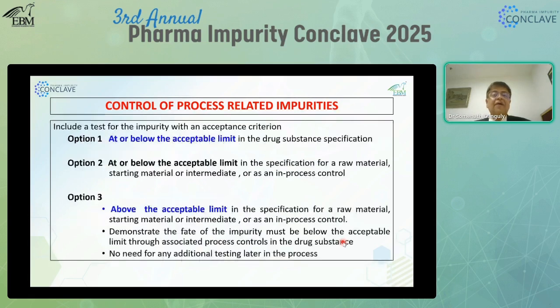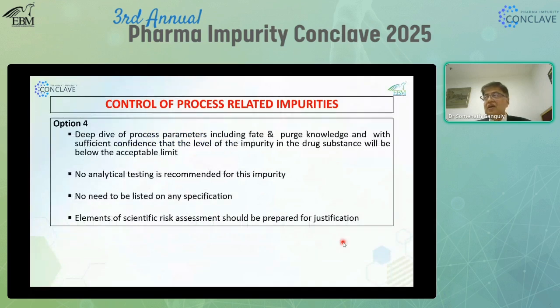So I believe in ICH M7, these options 1, 2, 3, 4 are very important from the development stage. When I am developing an API and the corresponding drug product, if the organization does it at a very in-depth, deep dive level, then the chances of regulatory queries are very, very less.